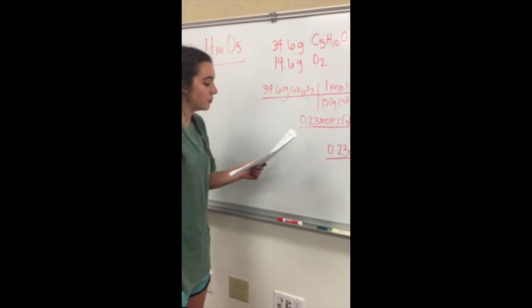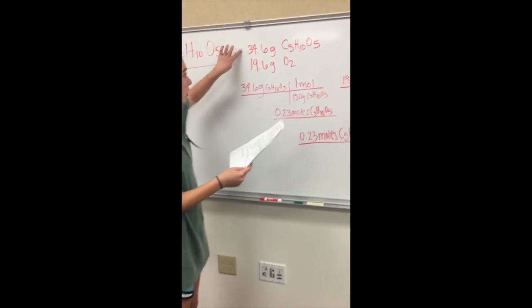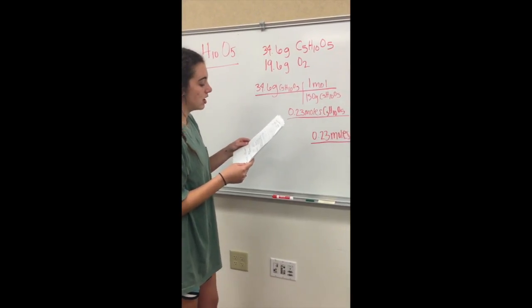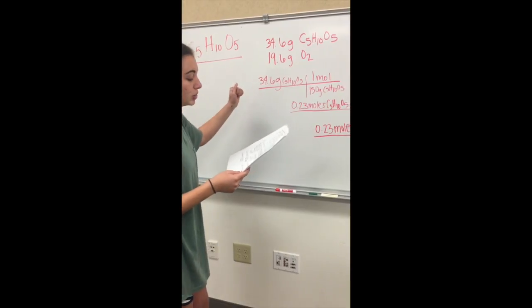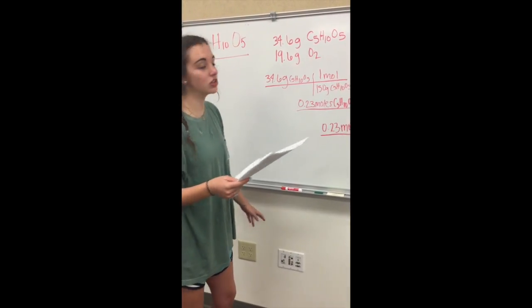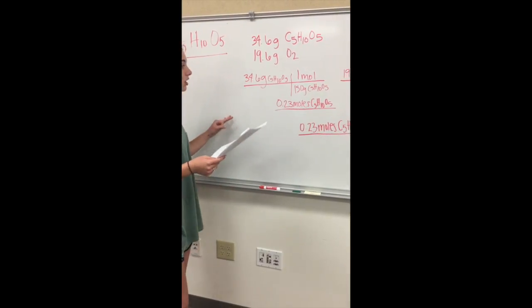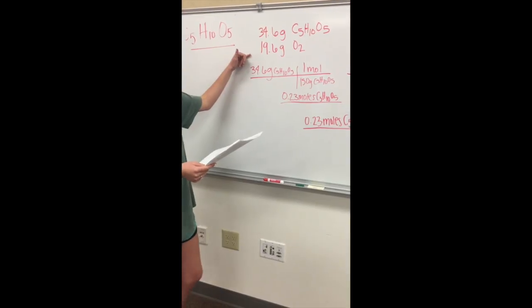Okay, so for number 6, we're asked if we have 34.6 grams of our molecule, which is C5H10O5, and we have that with 19.6 grams of oxygen, how much carbon dioxide and water will we generate? And so, like Jocelyn went through in question 2, we had to find the moles of our molecule and oxygen.